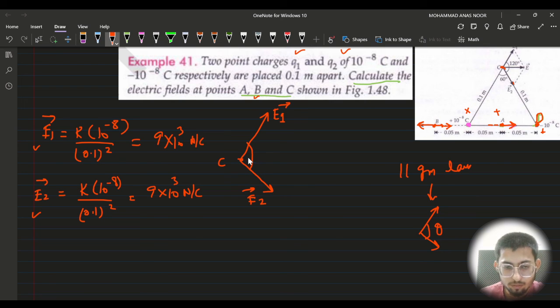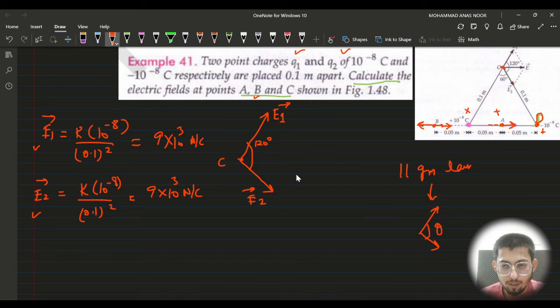120 degrees. Yeah, obviously, because this whole line is 180, and since this is 60 because of the equilateral triangle, this angle would be 120 degrees.